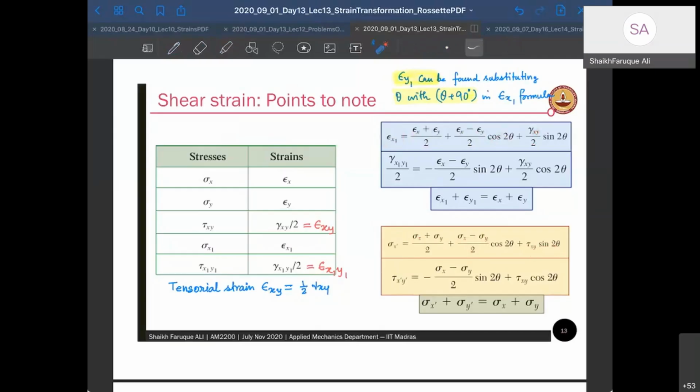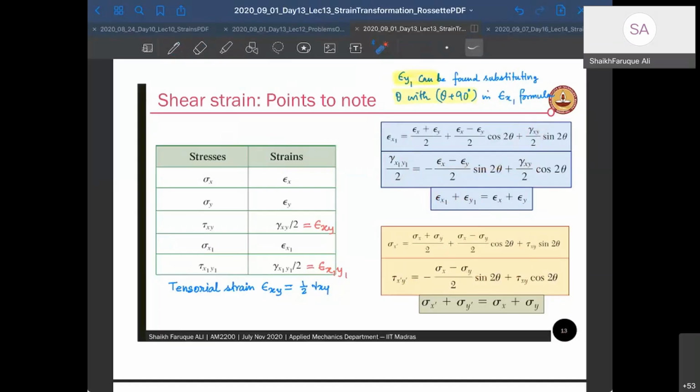Remember, the change only is here. The change here is because this gamma xy is engineering strain, but gamma xy by 2 is tensorial strain. Okay, so it's in tensorial format. Again, here gamma xy by 2, you get tau x dash y dash. Okay, same formula. So therefore, if I write epsilon x1 plus epsilon y1, it should be equal to epsilon x plus epsilon y.